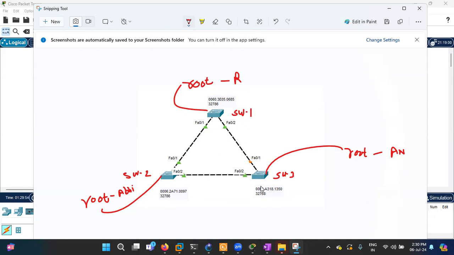This is in the first octet only. There is no way to become a root switch. Okay, so switch 2. Abhi. Okay, 0060 here E. There is no tiebreaker. 2A, 3, 2A. Means this is the lower. This is the correct answer. Means this switch will become the root switch.